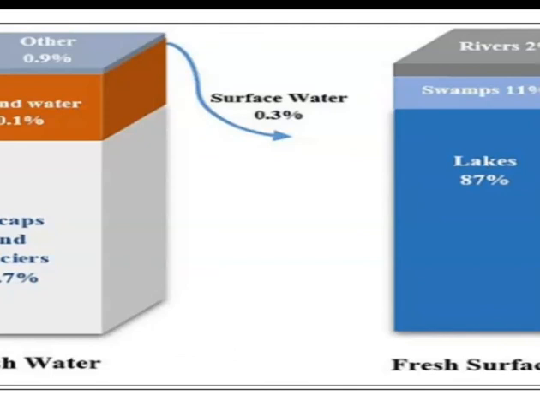In this surface water, which is fresh water, 87% is in the form of lakes or ponds, swamps are 11%, and rivers are only 2%.